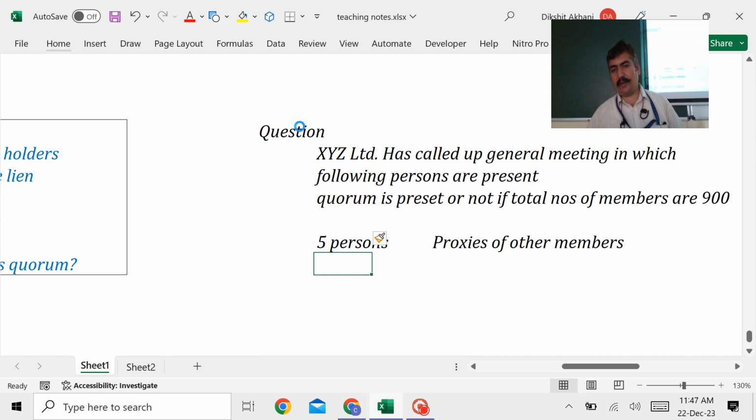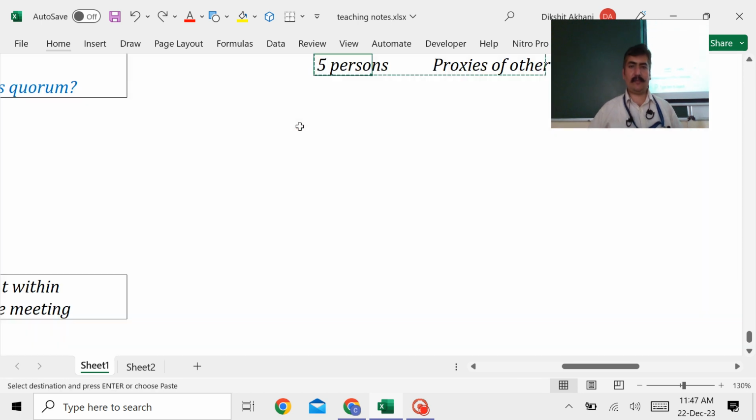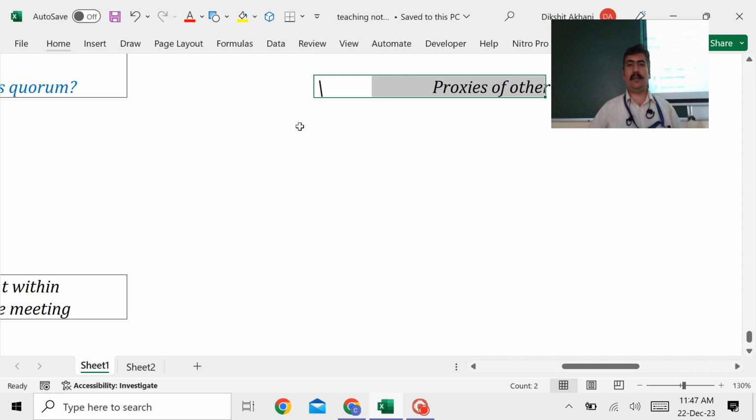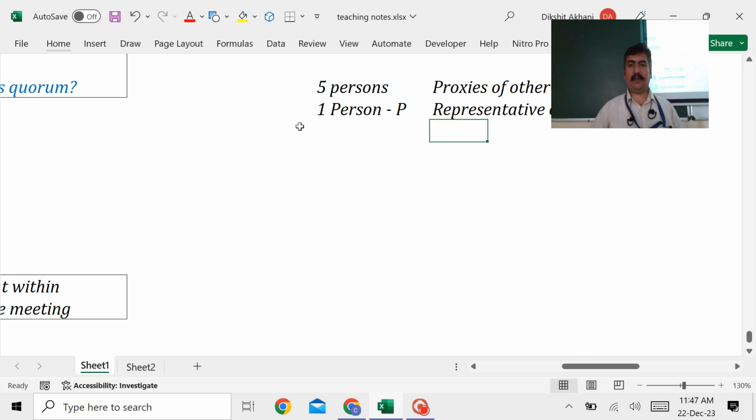Second, they have provided that one person, let's say Mr. P, who is representative of 3 companies, A Limited, B Limited and C Limited.